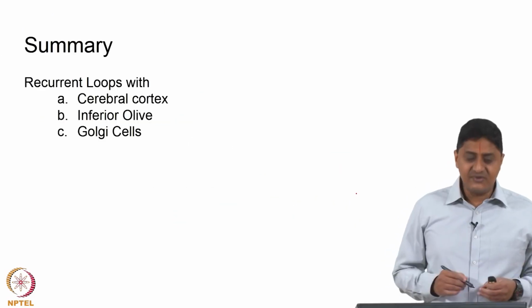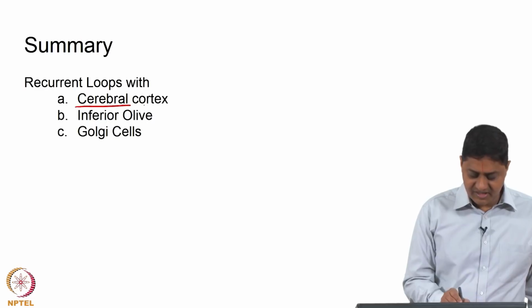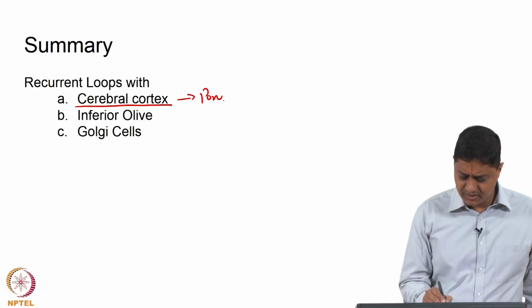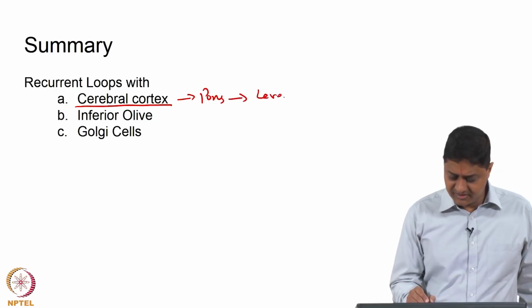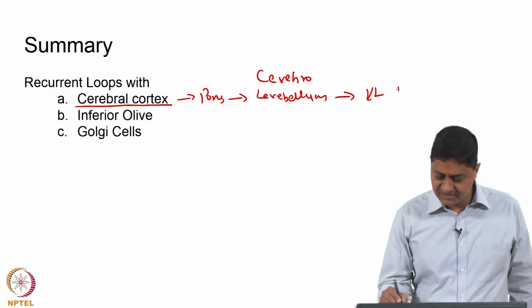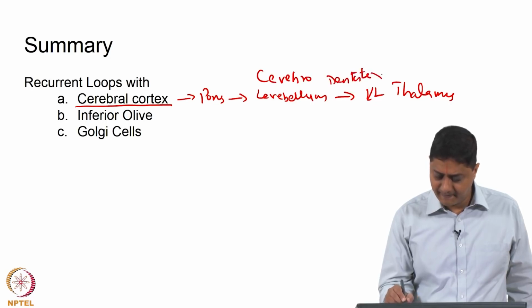So, in this class we have seen recurrent loops that the cerebellum has with cerebral cortex. This is via pons, the cerebellum as in the lateral cerebellum or the cerebrocerebellum, and the VL thalamus via the deep nucleus or via the dentate nucleus. Okay.